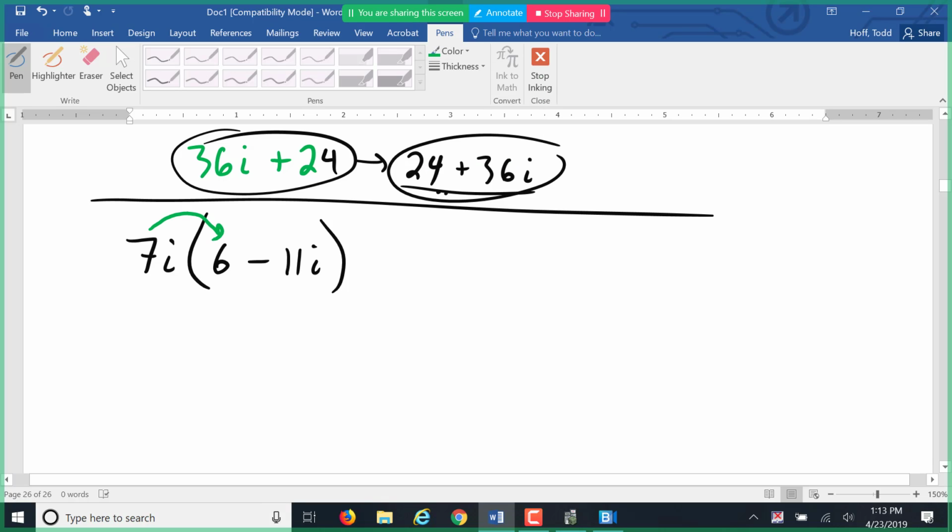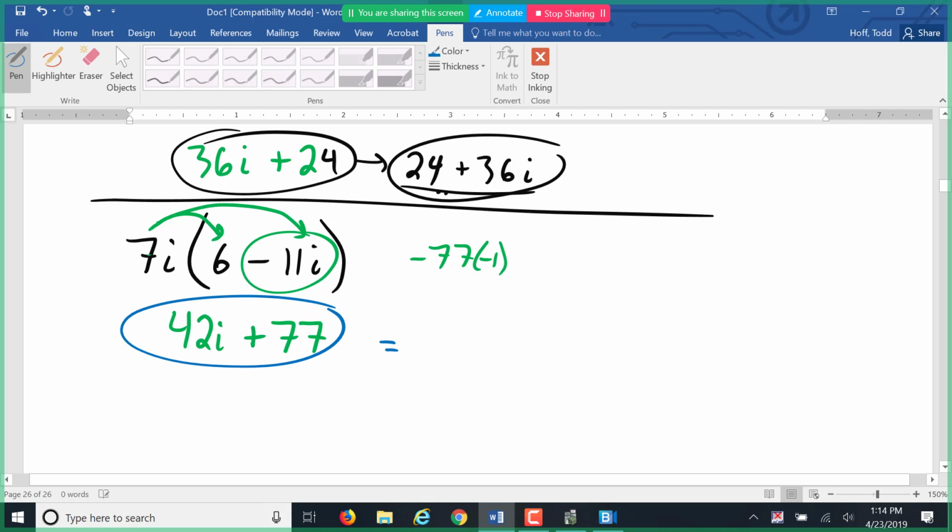So we got 7i times 6 is just 42i. 7i times negative 11i is a positive 77. 7 times negative 11 is negative 77. i times i is negative 1. So it's positive 77. If you left it like that, I'd be okay with it, by the way. But technically, math grammar says the real part should come first. So 77 plus 42i.